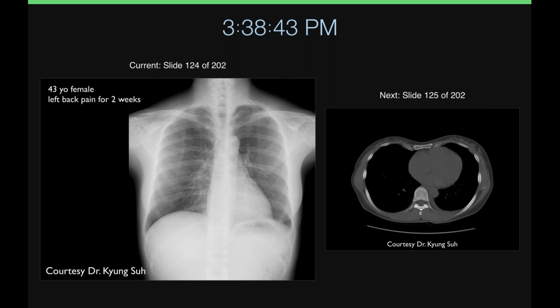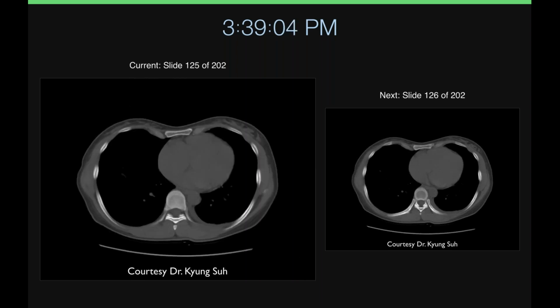So left back pain for 2 weeks, chest X-ray. Very hard to see any disc or vertebral detail from here. Yeah, it's hard to see much.